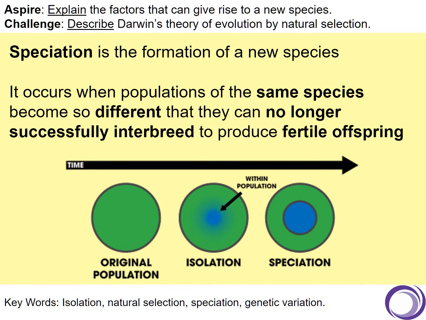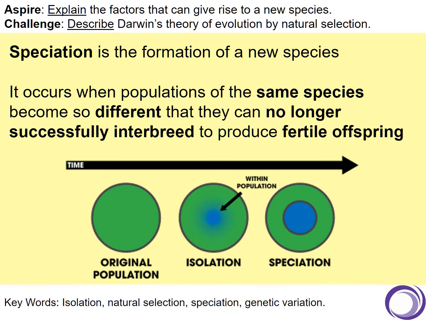This is the process of natural selection that we've just talked about. But sometimes, if part of a population becomes isolated because of new environmental conditions, alleles for characteristics that enable organisms to survive and breed successfully in the new conditions will now be advantageous, so they will be selected.